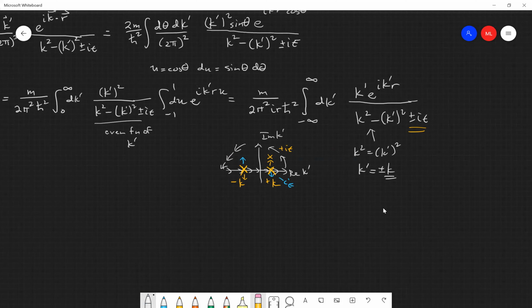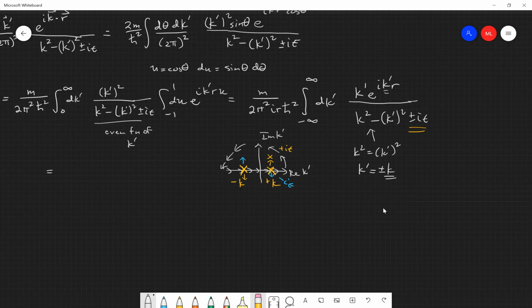If you put plus k prime, you'll get the outgoing spherical wave. If you put the value of k prime at the pole, it's either plus or minus k, right? Either this one or this one. If you put plus k, then it's the outgoing spherical wave. If you put minus k, it's the incoming spherical wave.